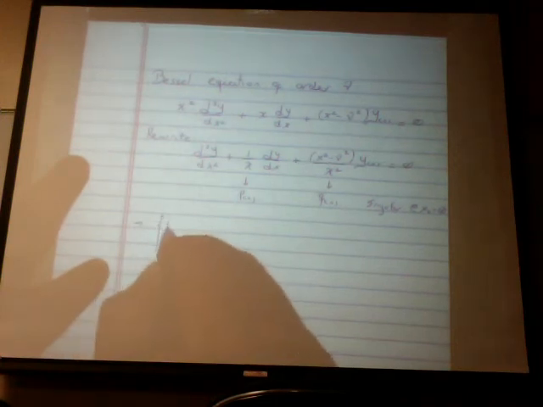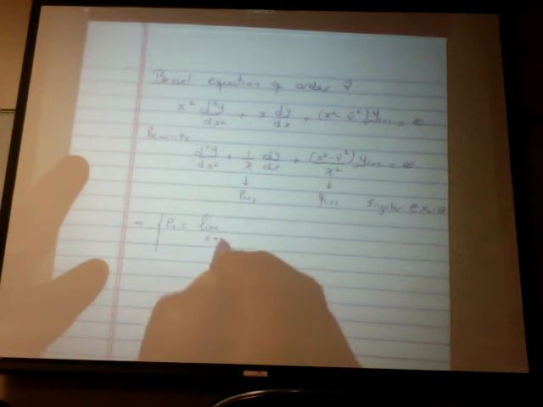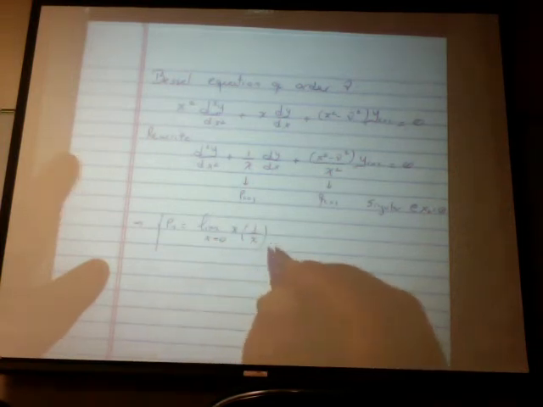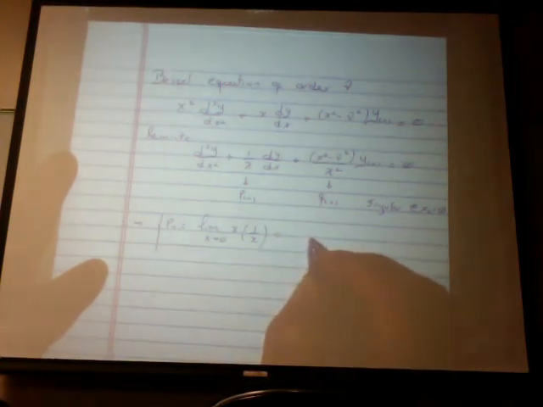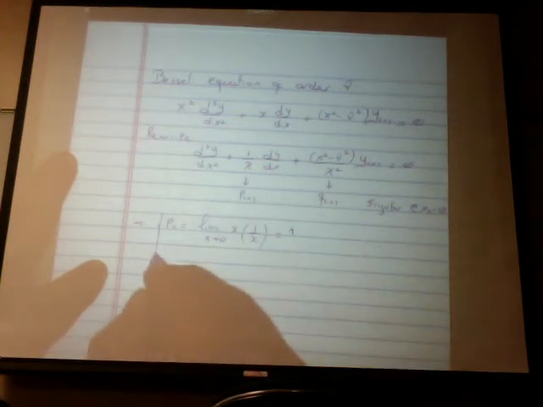Therefore, p0 is equal to the limit when x goes to 0 of x times p, which is equal to 1.